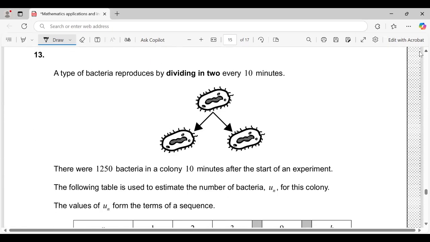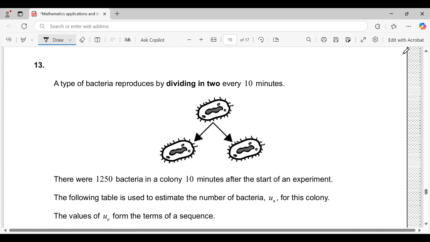13. A type of bacteria reproduces by dividing in 2, so the number becomes double every 10 minutes. There were 1,250 bacteria in a colony 10 minutes after the start of an experiment. The following table is used to estimate the number of bacteria, un, for this colony.